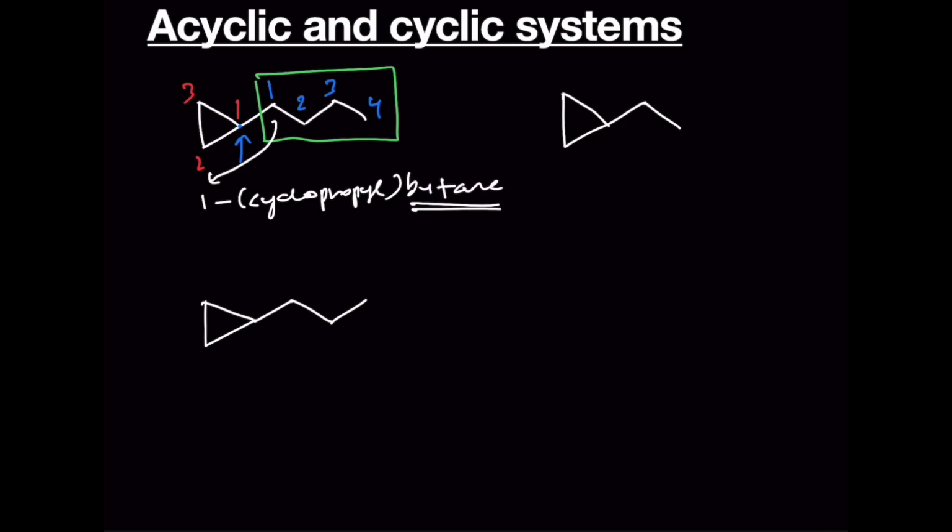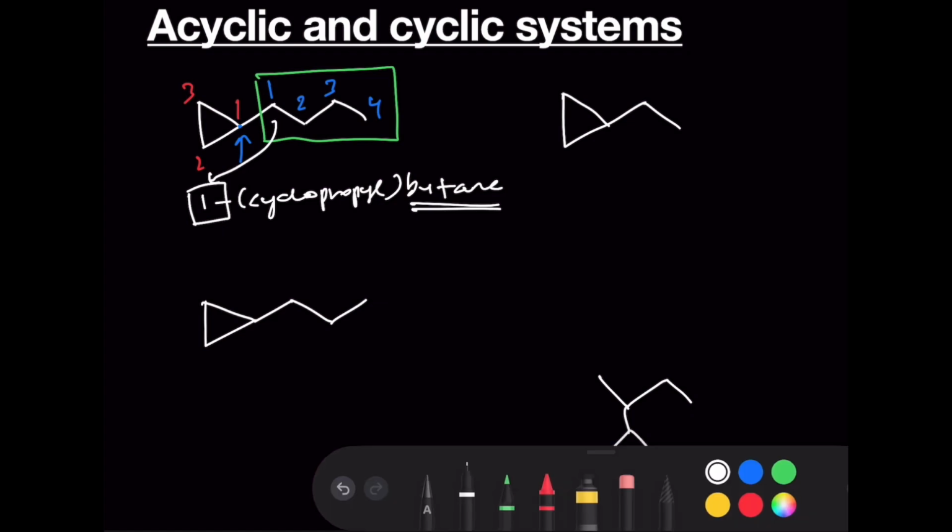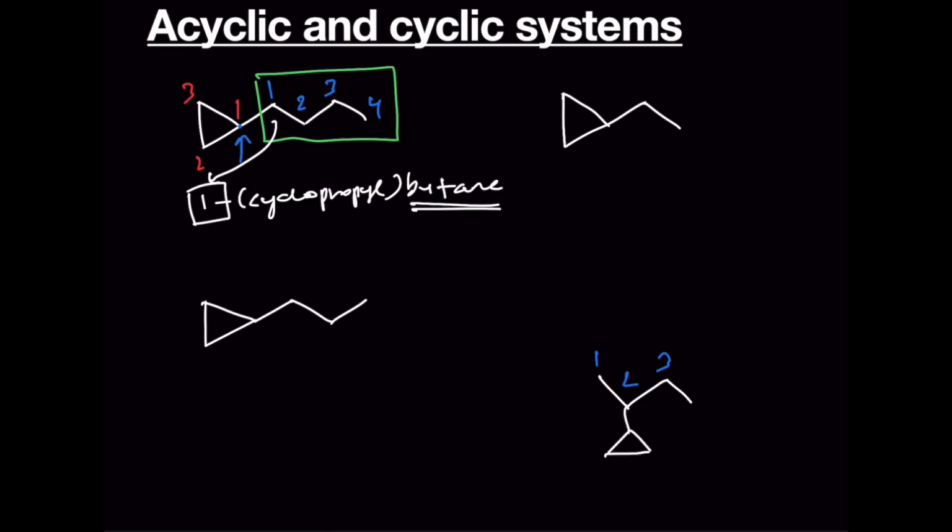Now, it is an alkane derivative and therefore, the chain locator position is very important, because let us say you have a molecule like this. What will you call that? 1, 2, 3, 4.